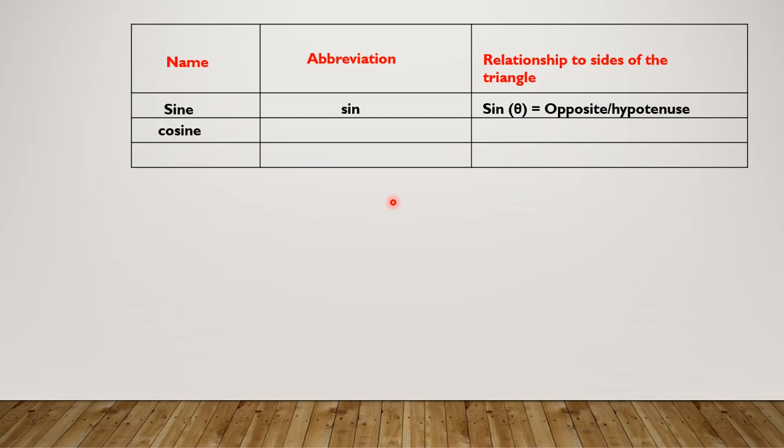The second ratio is cosine, known as cos, and the relation for the sides is cos theta equals adjacent side upon hypotenuse. And the third ratio is tangent, and we say it tan. So tan theta is equal to opposite side upon adjacent side.